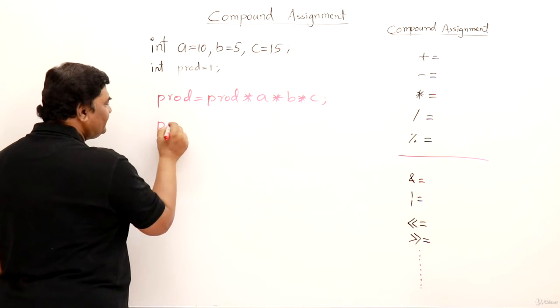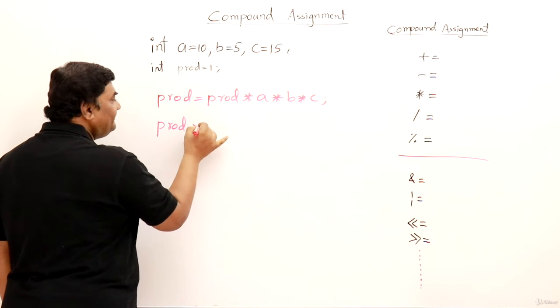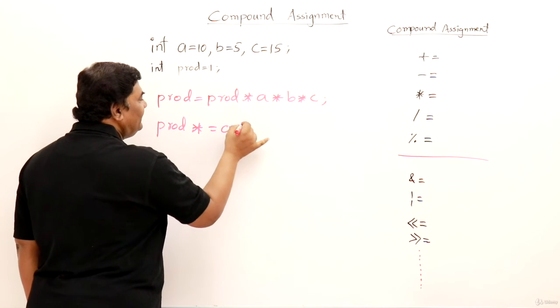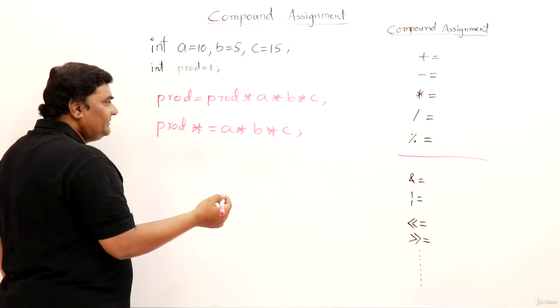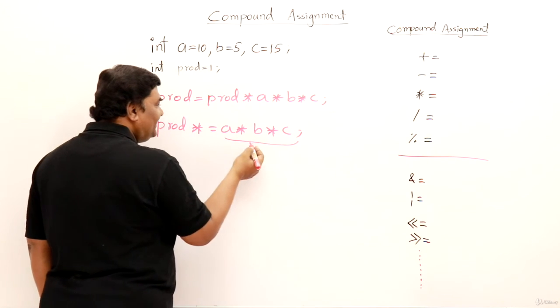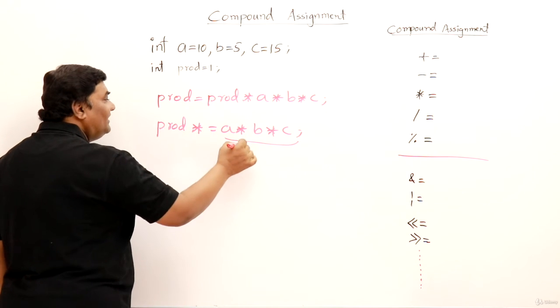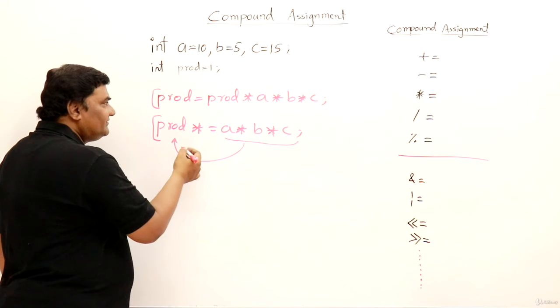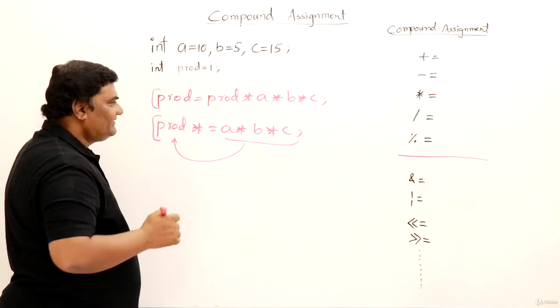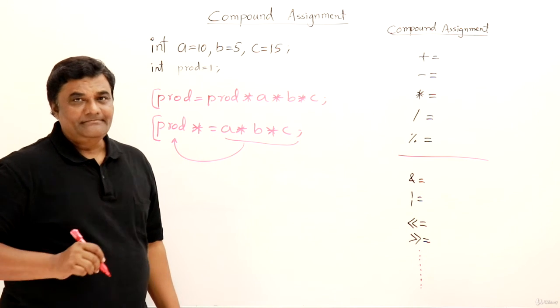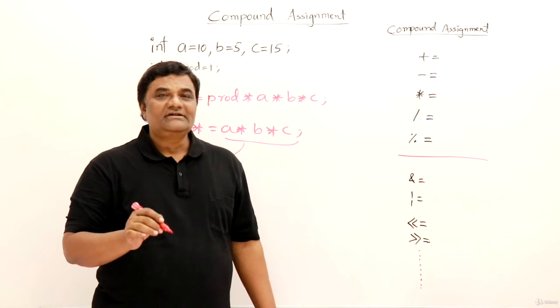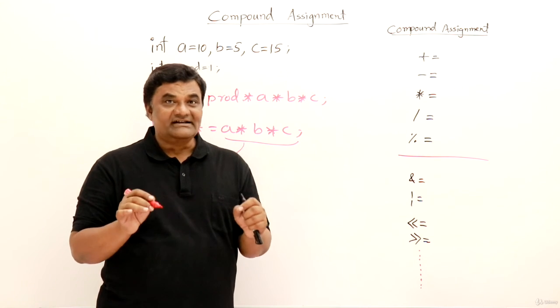Then the same thing can also be written like this: product multiplied assign A into B into C. So this means that multiply all these and multiply the result with the product also and store the result in product. So the same statement can be written like this. Now if you want to break it into multiple statements, you can break them. So that's all about this compound assignment operator.